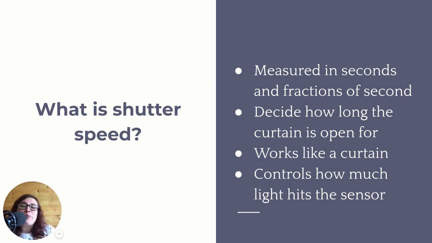It's so fast that personally I can't even imagine it. So oftentimes the shutter speed is measured in fractions of seconds. And as I said, the shutter speed tells you how long the curtain is open for, which means it controls how much light comes into the sensor.